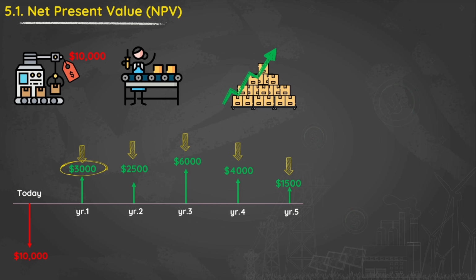So when we add it to the present values, it should have a negative sign. Don't worry, we are going to go through the calculation together to explain it further.